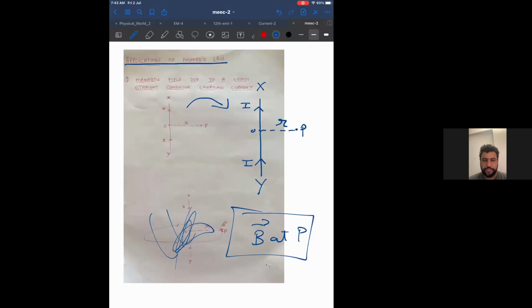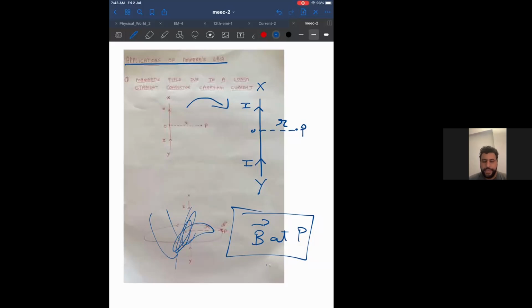Finished? Now below the diagram, write down: Consider a point P. Write P in capital.